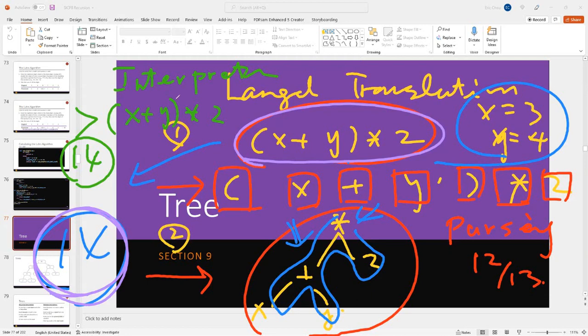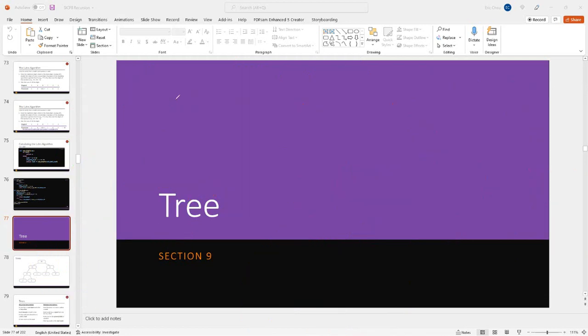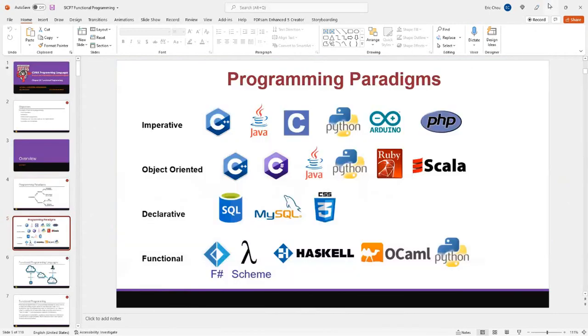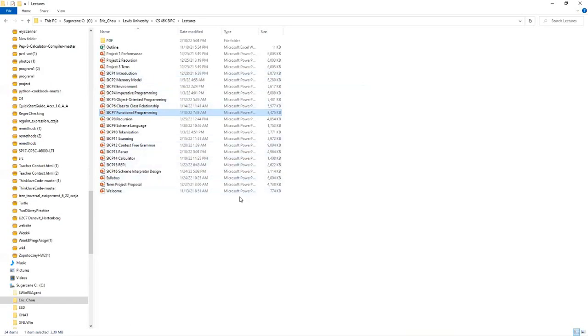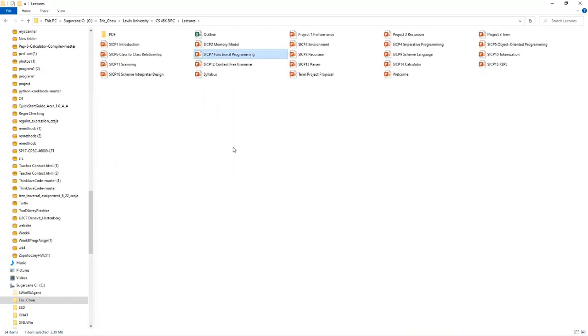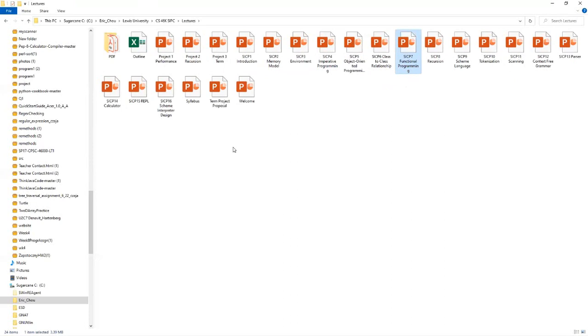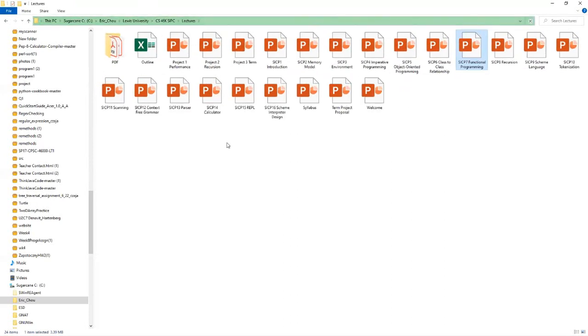That's what you are learning here. Every chapter we have is organized to best support everything you need for the programming language.